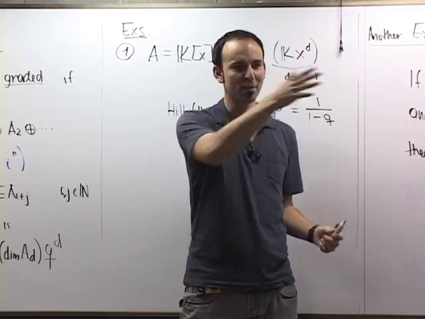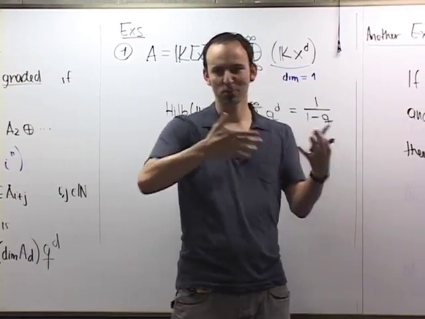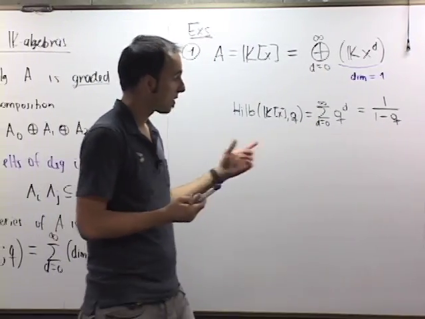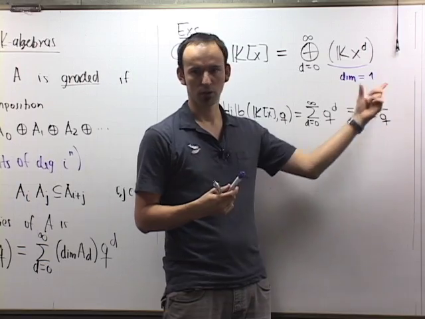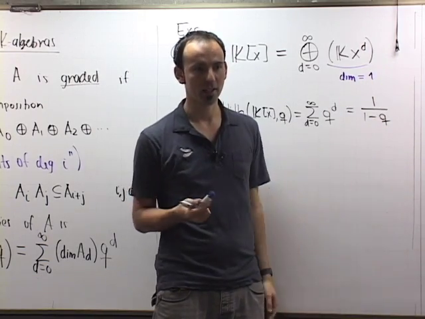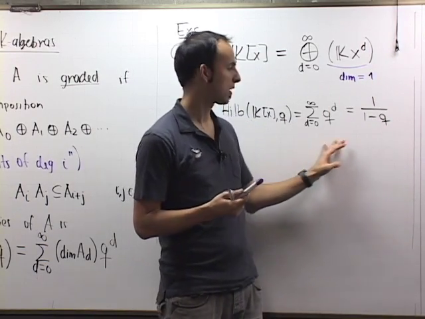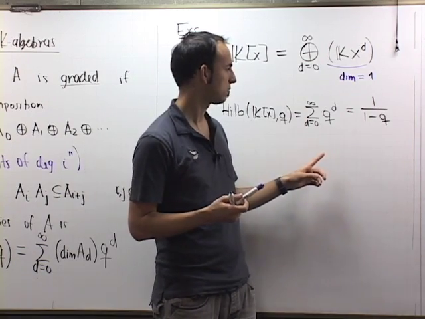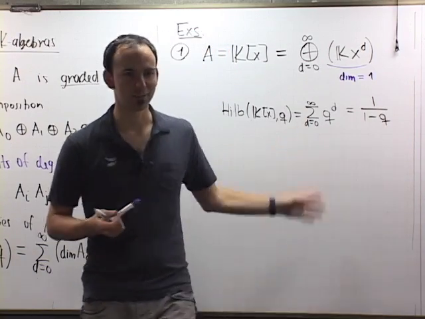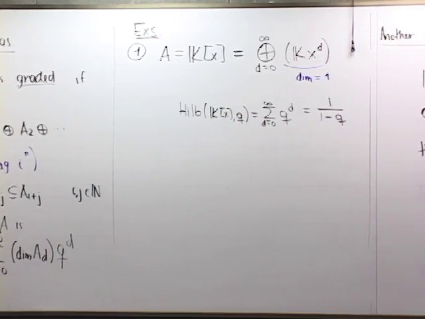The elements are just clotheslines, and then there's a rule for multiplying them. And all of this means is that if you multiply this times 1 minus q, you get 1. That's a formal identity in the ring of formal power series. So in both senses that identity is true.